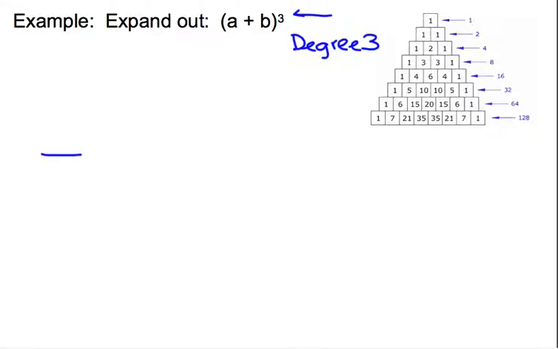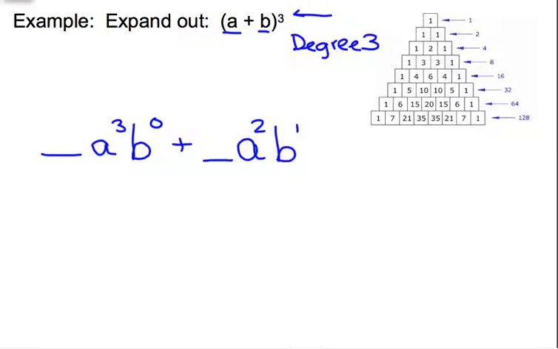So I have a placeholder, A, raised to the 3rd. And then the second one is your B, raised to the 0. Plus, bear with me for a moment, placeholder, A. And now we're going to drop a degree on the A, so now we're on A squared. And now we're going to increase the B to the 1.